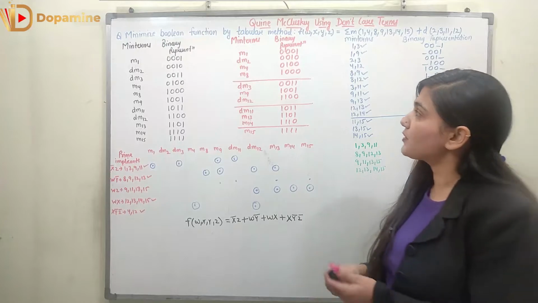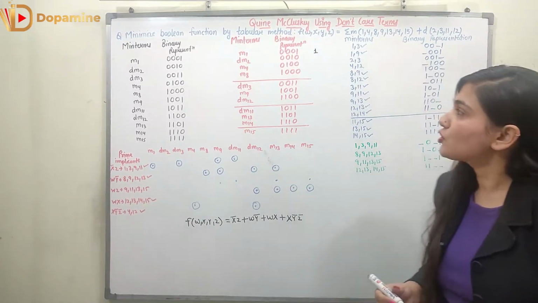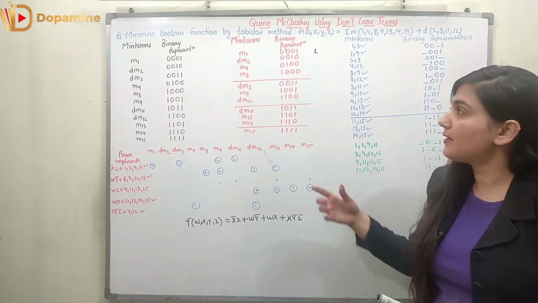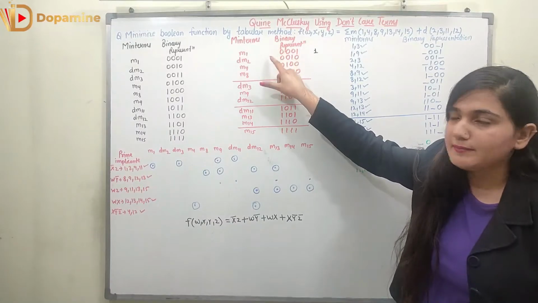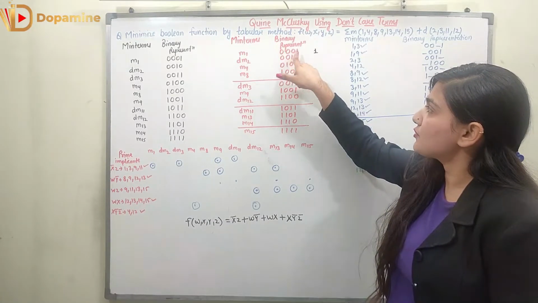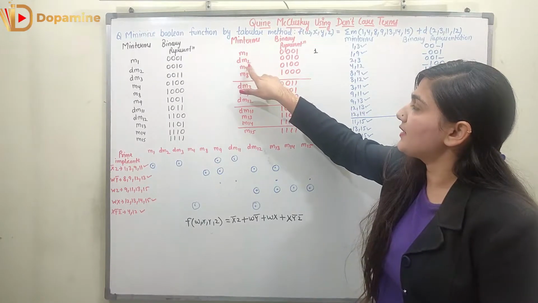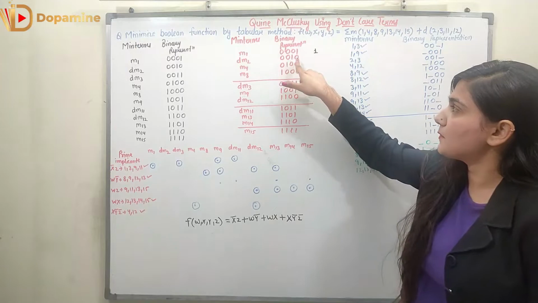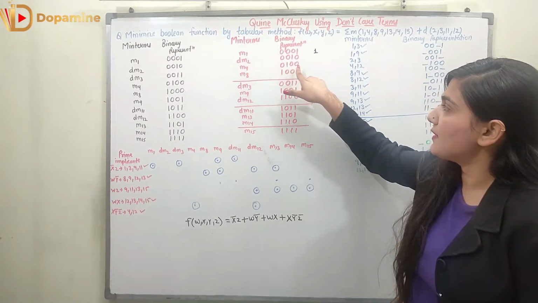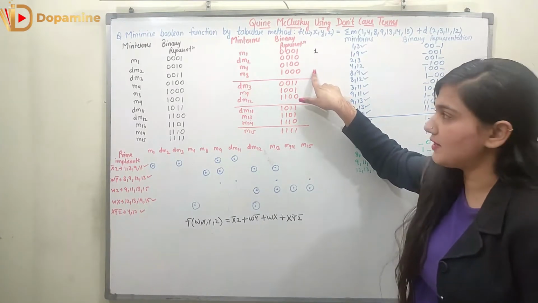The first group is for 1 number of ones, so I am going to classify all the min terms with 1 one in the first group. Min term 1 is 0001, only 1 one. The don't care term 2 is 0010, again 1 one. Min term 4 is 0100, again 1 one. Min term 8 is 1000, again 1 one.